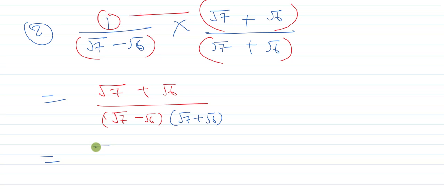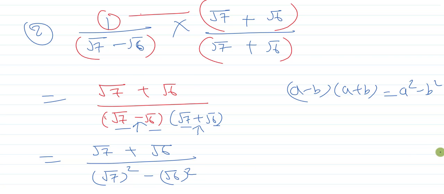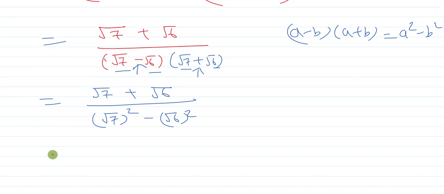Now we have just seen the a minus b into a plus b formula. What was the formula? First term square minus second term square. Here the same thing we can observe. First number is the same, second number is also the same, just the sign is changed. So what we are going to do is write first term square minus second term square. So what will I get?